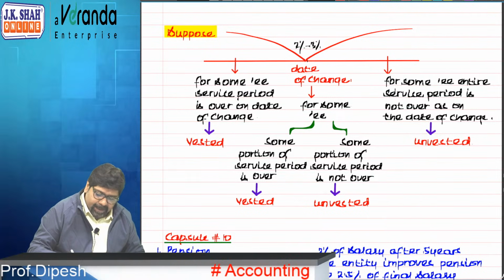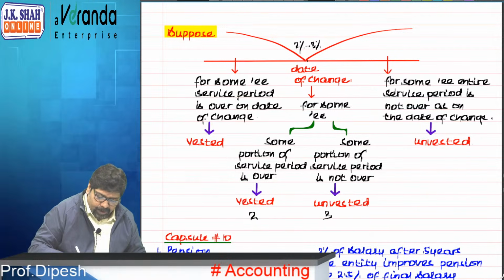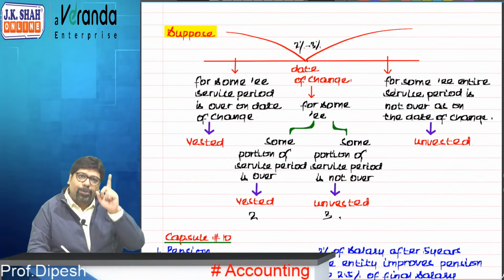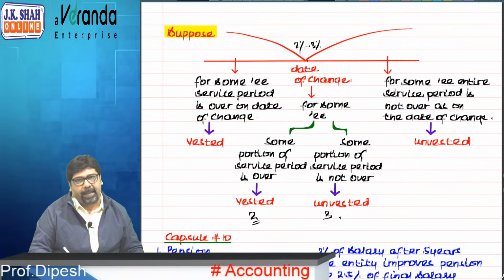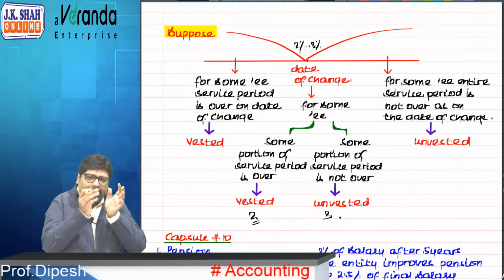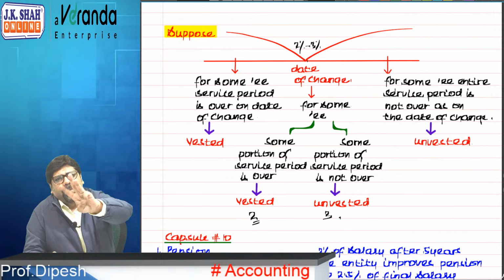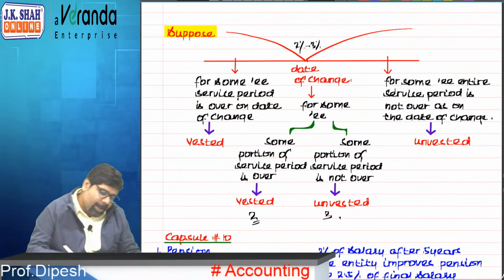These 2 years are vested, 3 years are unvested. So the 2 years you will transfer to PL immediately, the 3 years you will transfer to the balance sheet. Whatever you transfer into the balance sheet, you will write off to PL every year, 1/3, 1/3, 1/3 over a period of 3 years. Understood?